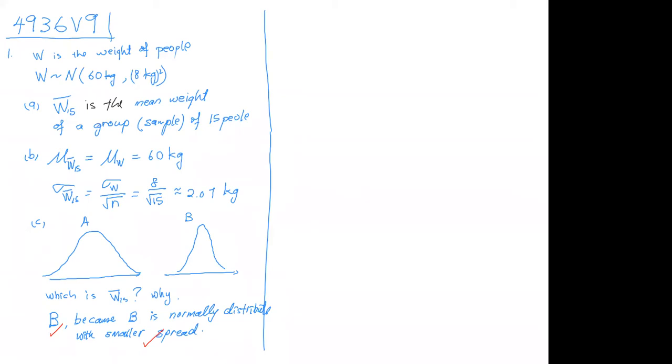No need. That one, no need. In this case, if I give you a graph, you don't have to say that. The keyword is smaller spread, because both are normally distributed when I ask you to choose. But when you write your portfolio, then you have to mention. So it's very different. When you write a report and when you answer a question, there is a slight difference. Okay?